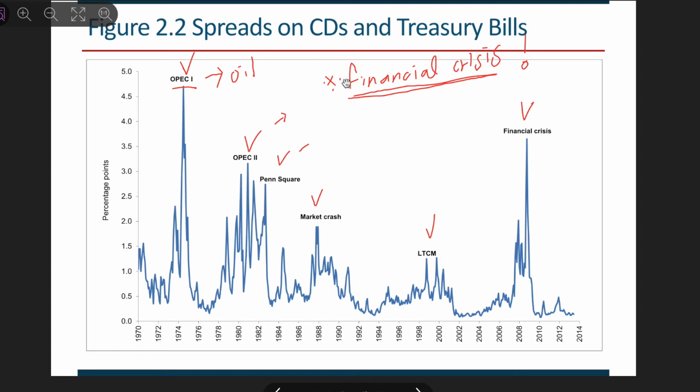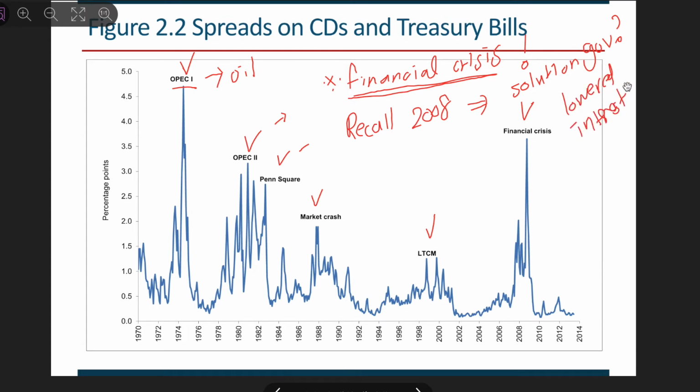So to recall the 2008 financial crisis, which has almost the second largest spread, right? So recall 2008, what happened? And what was the solution from the government? They lowered the interest rate, right?